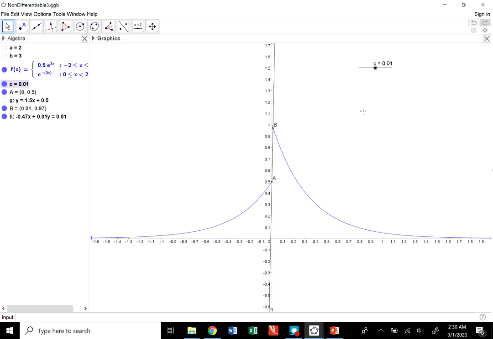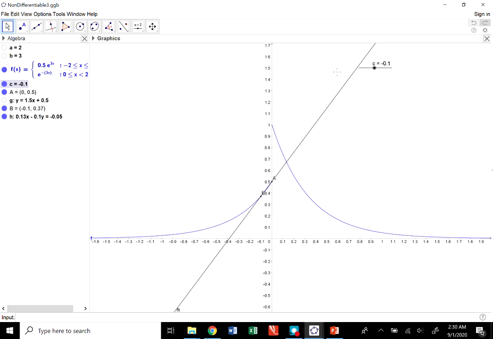Is that the same problem if we were to let this approach from the left? No. When we let this other point B approach from the left, we have secant lines like this, and then that doesn't seem to be a problem.